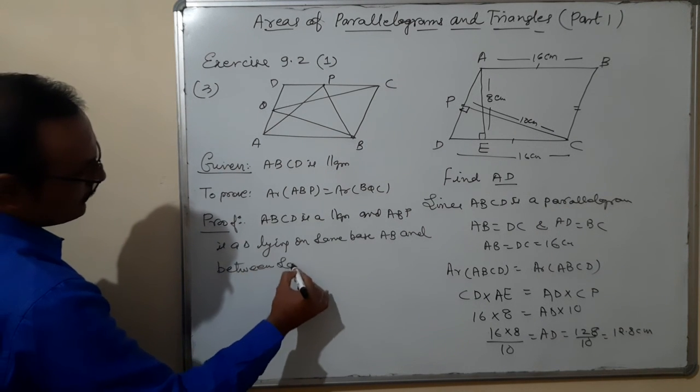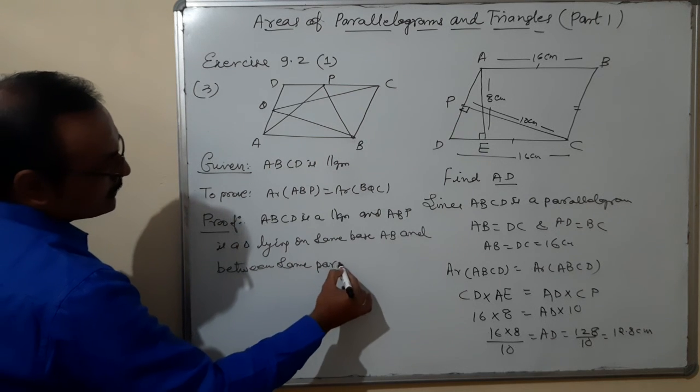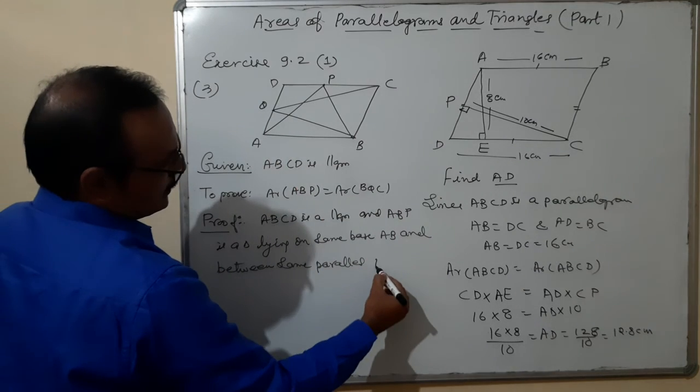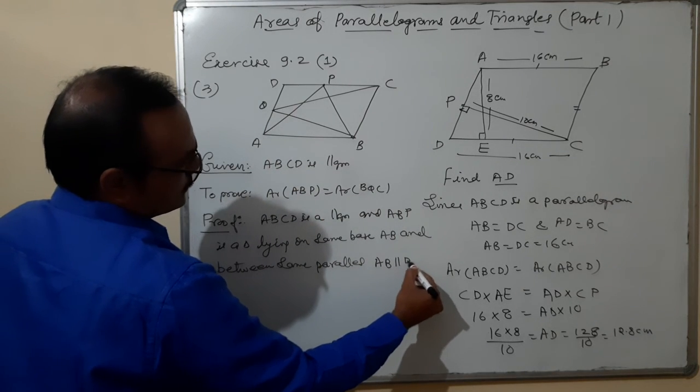Between the same parallels, that means AB is parallel to DC.